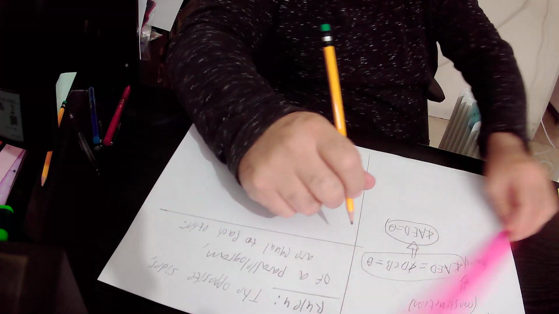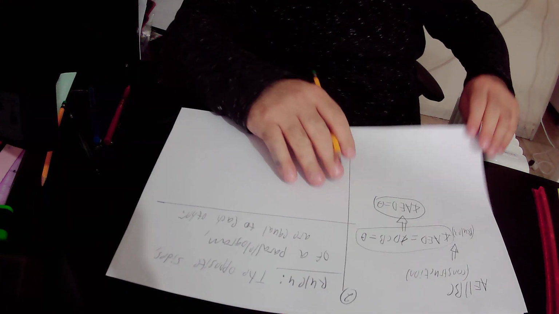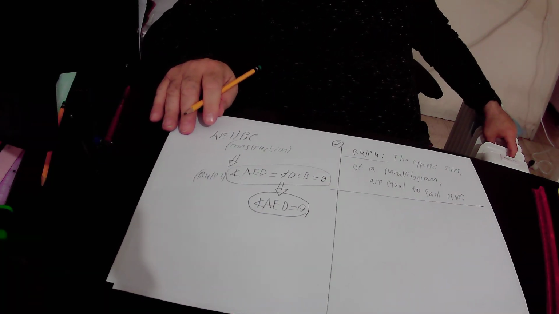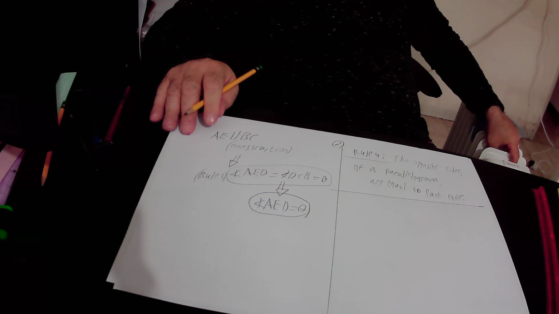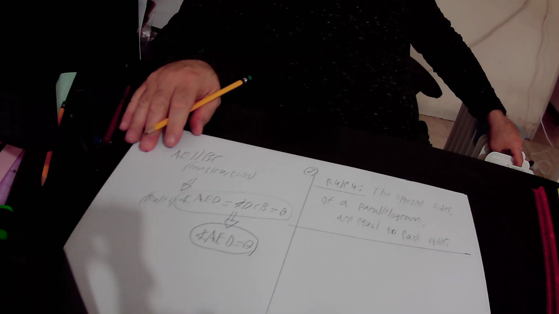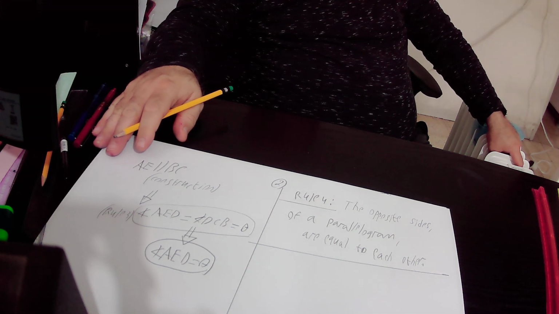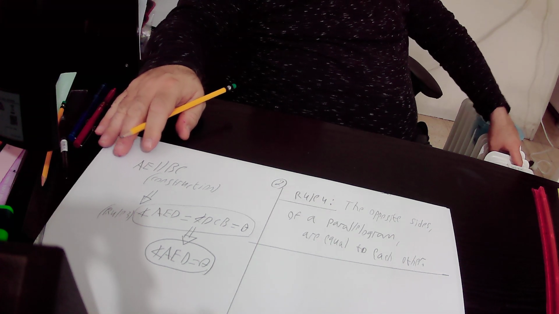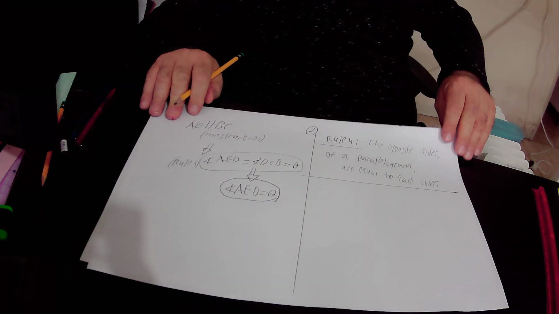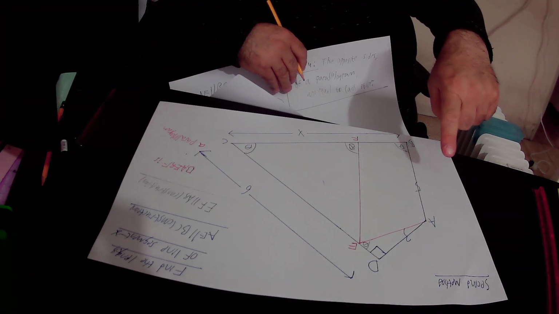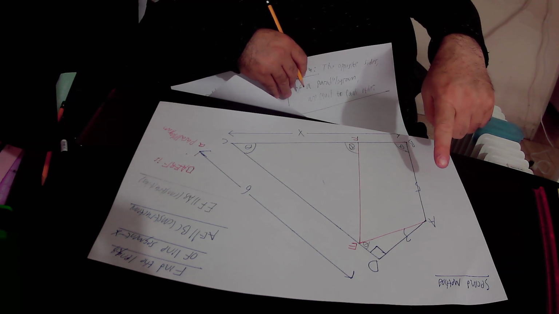So I read rule number 4 again. According to rule number 4, the opposite sides of a parallelogram are equal to each other. So we will relate to our parallelogram AEBF.